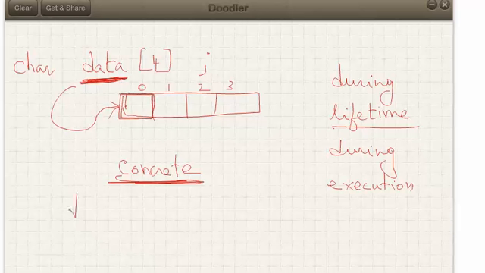If, just for the sake of argument, 446 is the address of the first cell, you can just say data is pointing to the address 446, and in a way this is a logical name for that.